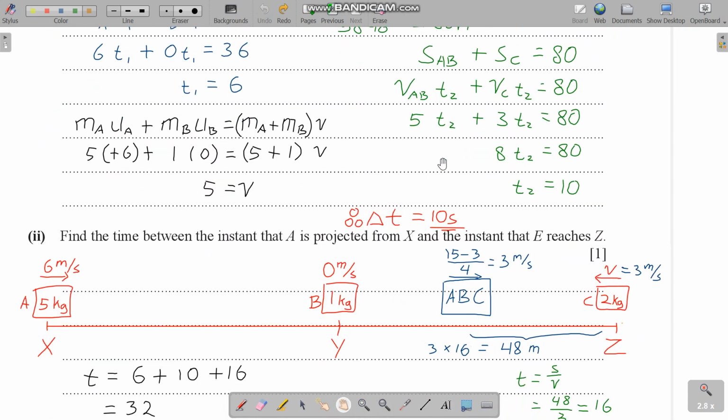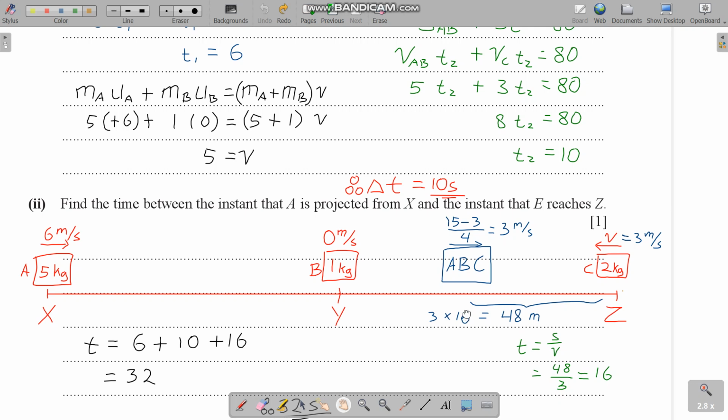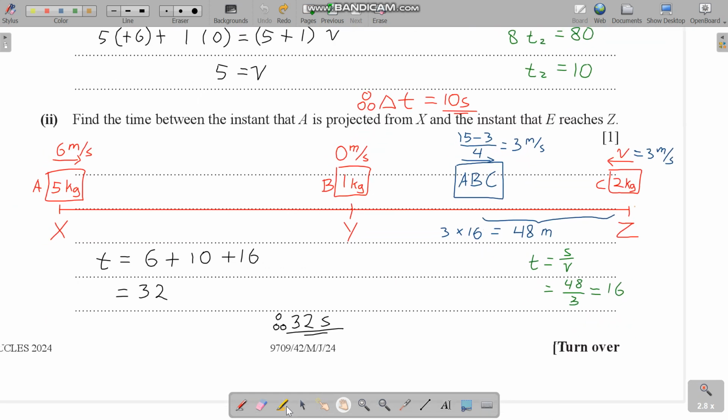Now the time between A projected, E reaches Z. So E is the combined A, B, C particle. Remember that it takes 10 seconds for the combined AB to go to the right and C to go to the left to meet for the second collision. Previously we know that C is moving to the left for 6 seconds.